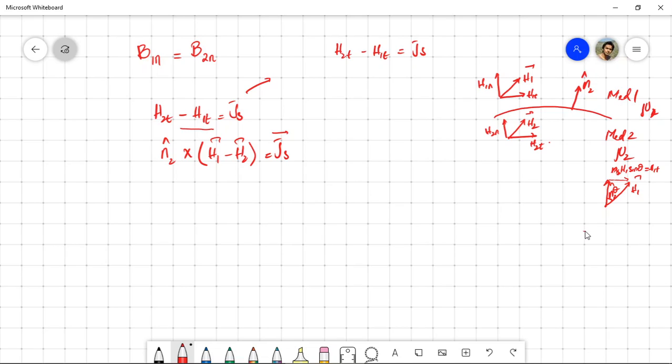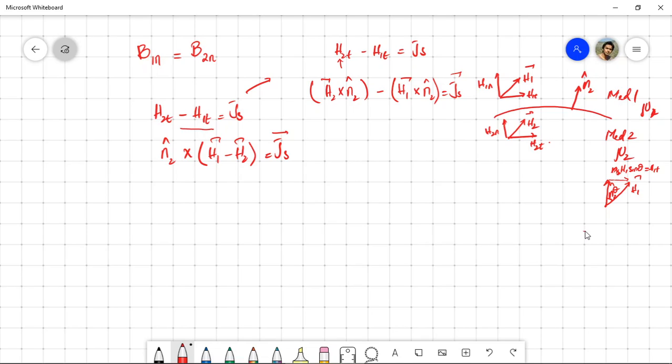So this means that if we want to write H1T or H2T in the form of a cross product of vectors, then we need to take the cross product of these two vectors such that the fingers curl from H towards n2. So we can write H2 vector cross n2 hat, and this is equal to H2T. Similarly, for H1T we can write H1 vector cross n2 hat, and this is going to be equal to Js.